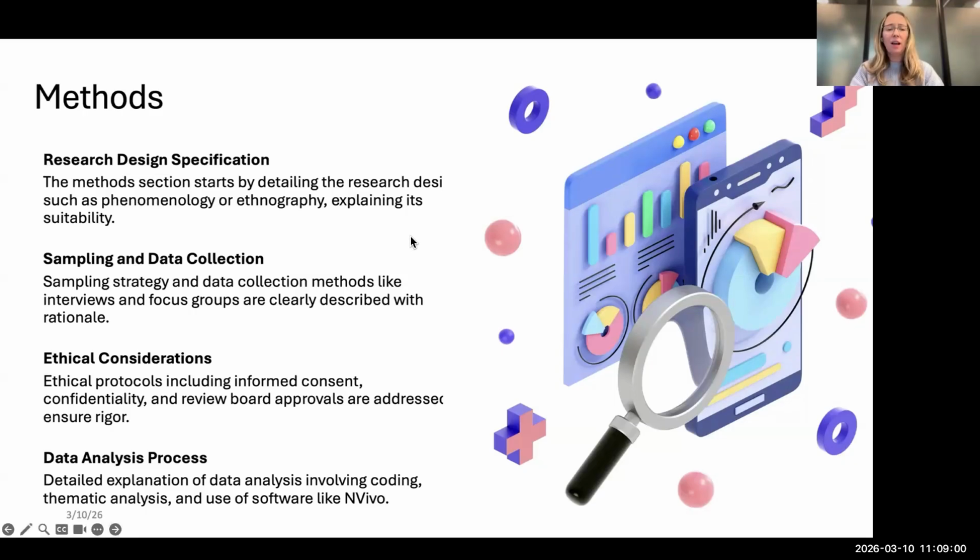So in this space, you're going to want to detail the research design. Maybe you're using phenomenology or case study or interpretive description. Be really clear about what the method is, that you know what it is. So not using phenomenology or interpretive phenomenological analysis without knowing what that means.